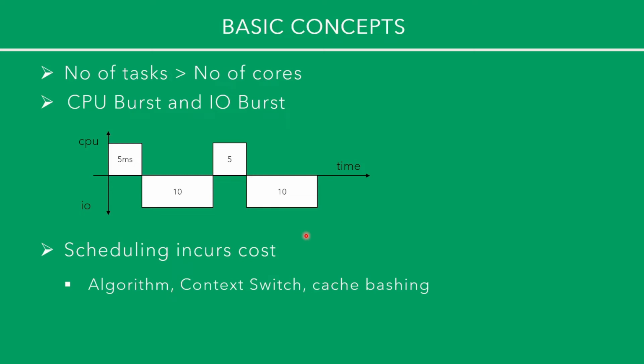For example, the memory segments have to be remapped. Also, you need to rebuild the cache. The previous thread would have populated the CPU cache with its own memory data. Now you have to invalidate it and rebuild it as per the new thread.